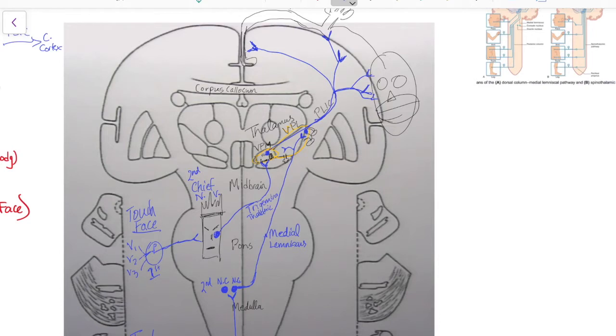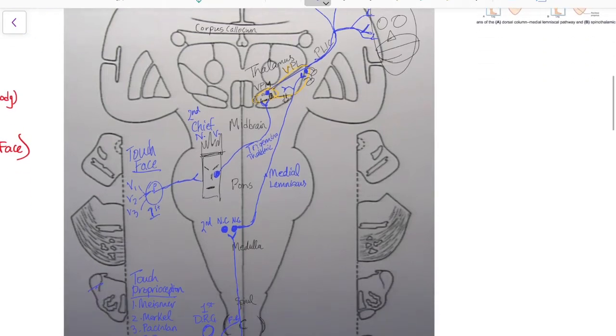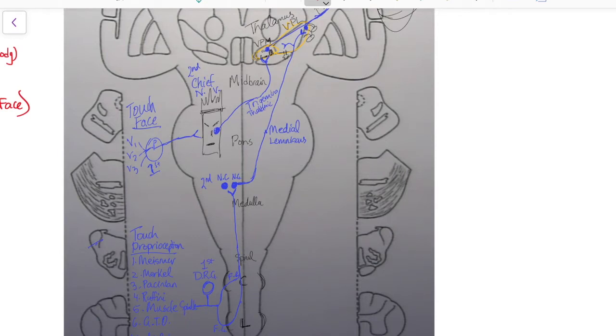And now we can talk about our pain and temperature. So that I will start in red. Might start in the same area, but I'll write it on this side. So for pain and temperature, a few things to remember. There are A delta or C fibers, mostly closer to being unmyelinated, very slow pain.